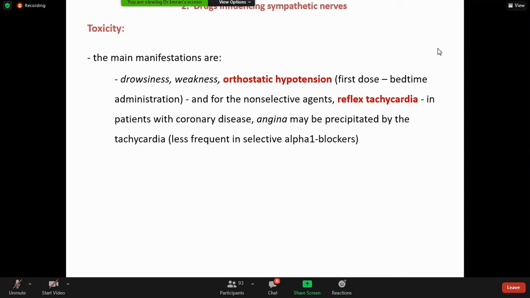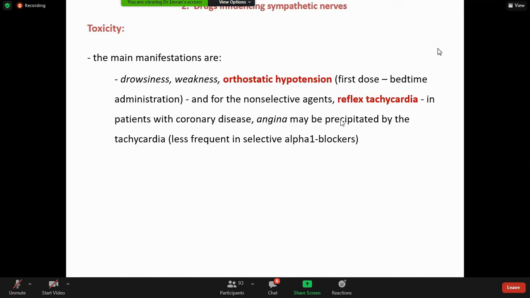And when we block the alpha-2 receptor, what will happen? There is no feedback control of norepinephrine release. Norepinephrine will be released persistently and it will stimulate the cardiac activity, and it will cause the increased chances of reflex tachycardia. So this is the explanation of this.